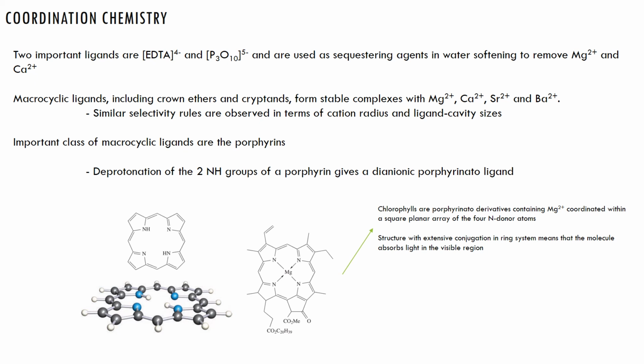And you can see that chlorophyll is an example of a porphyrin ligand that binds magnesium. And that extensive conjugated network that surrounds the magnesium is why plants are green, essentially, because it absorbs light in the visible region.